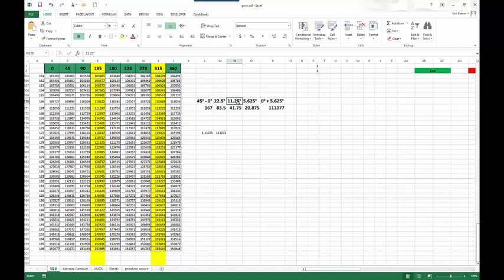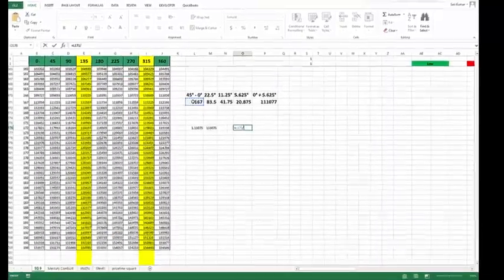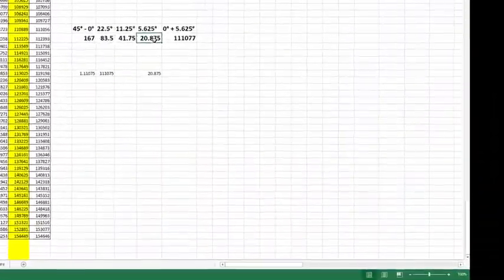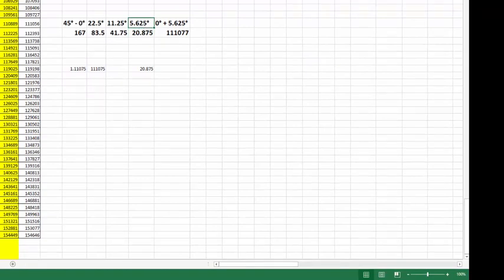Then divide that further, you get 5.625, so 20.875. That is dividing this into 8 parts. So 45 degrees divided into 8 parts is 5.625 degrees, which is 20.875.